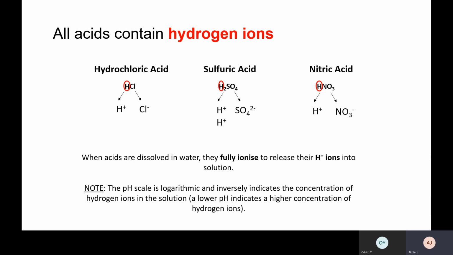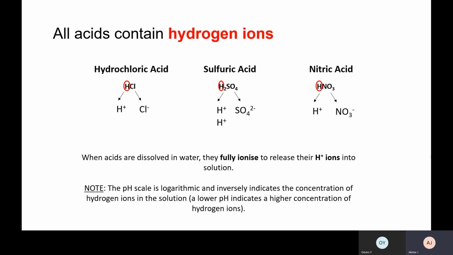So if we look at hydrochloric acid, HCl, sulfuric acid, H2SO4, nitric acid, HNO3, they all contain hydrogen, okay? And that's really, really important. It actually explains why our reactivity series of metals contains hydrogen, because this is such a vital reaction to know about.